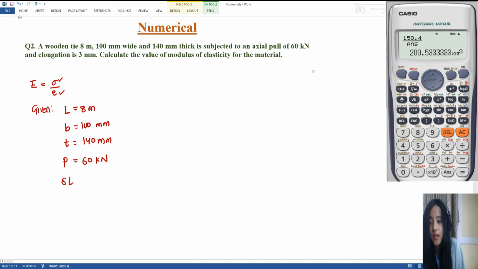Elongation del L is given 3 mm. And now we have to calculate the value of modulus of elasticity for the material.